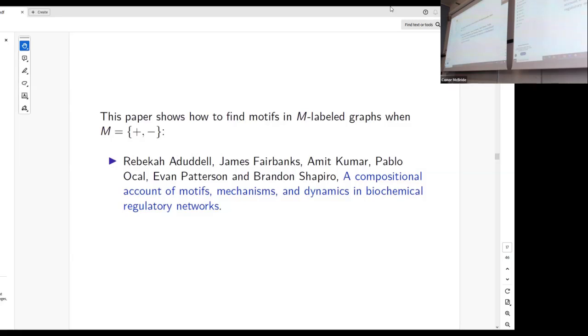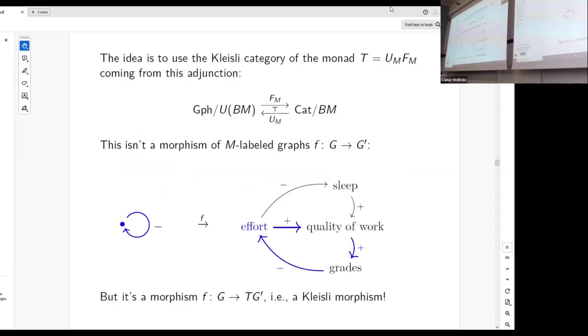Rebecca Adidell, James Fairbanks, Amit Kumar, Pablo Okal, Evan Patterson, and Brandon Shapiro wrote a very nice paper in the journal Compositionality, called A Compositional Account of Motifs, Mechanisms, and Dynamics in Biochemical Regulatory Networks. So they figured out the stuff that I'm about to explain, at least in the instance of this particular monoid, but it's very easy to generalize it to any old monoid.